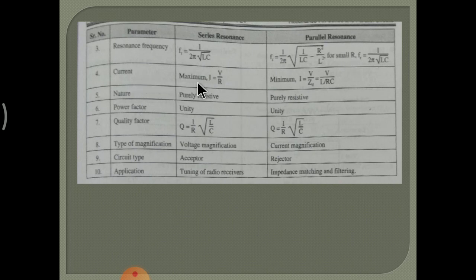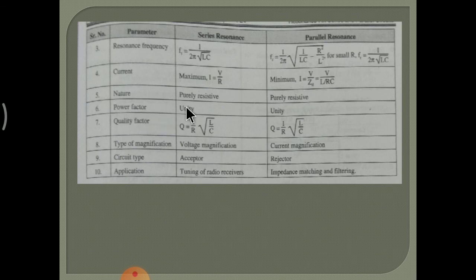Current for series resonance is maximum, I is equal to V upon R, and for parallel resonance current is minimum, I is equal to V upon ZD, means V upon L upon RC. Nature: series resonance is purely resistive and parallel resonance is also purely resistive.